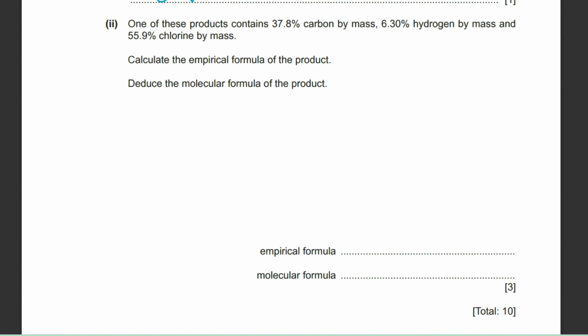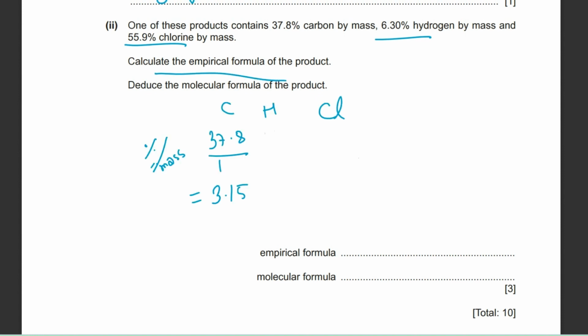One of these products contains 37.8% carbon by mass, this percent of hydrogen by mass, and this percentage of chlorine by mass. To find out the empirical formula of the product, we first find the percentage by mass and the mole ratio. So the percentage by mass of carbon is 37.8, giving 3.15. Hydrogen is 6.3%, with a mass of 1, so it's 6.3.